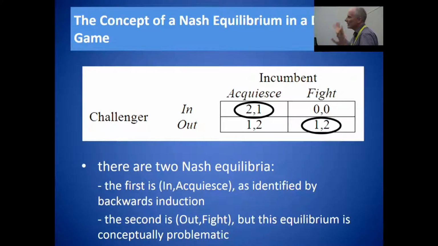Can be the only plausible outcome of a game. This one here, the challenger stays out and the incumbent chooses to fight. It's a Nash equilibrium, but it's really, really problematic. Conceptually, there are a number of problems with that Nash equilibrium. And they're all really bundled up together.